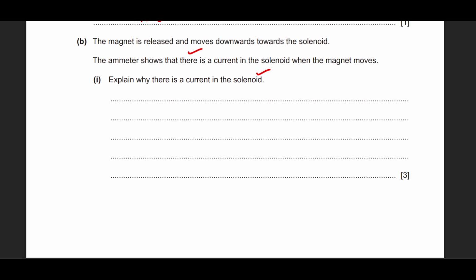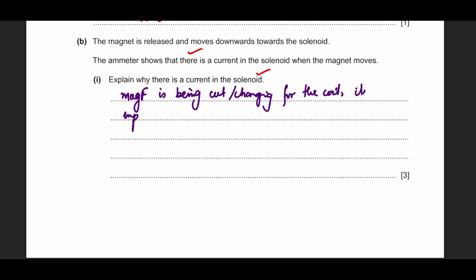So what we're going to say is that the magnetic flux is being cut, or is changing, for the coil. It experiences an induced EMF due to, mention the person who found this, Faraday's law, right?